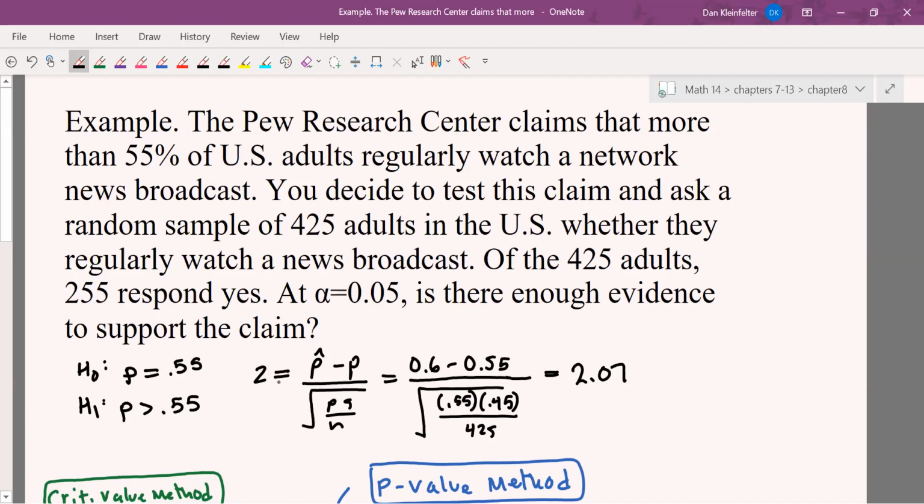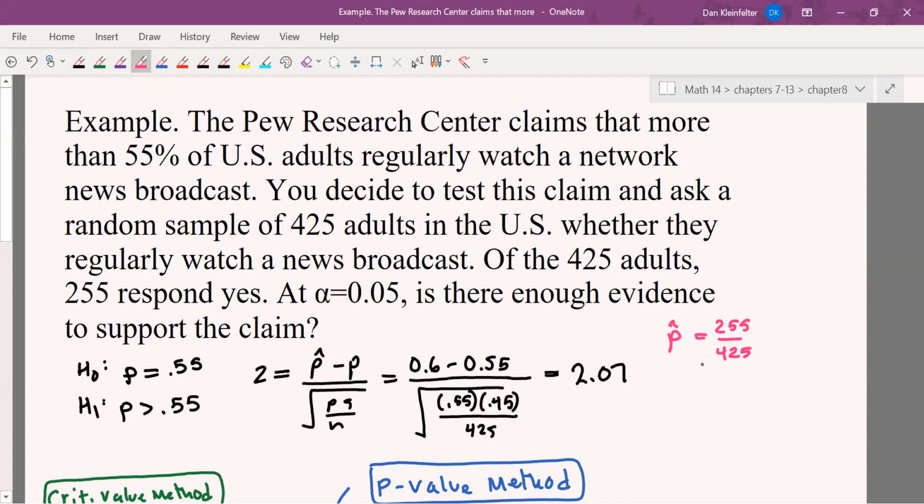Okay, so then the test statistic, I'd gone ahead and calculated that for you. One thing that is different on this one versus some of the others is that our p-hat is not given to us already as a percentage. We sampled 425 adults, and 255 responded yes, right?